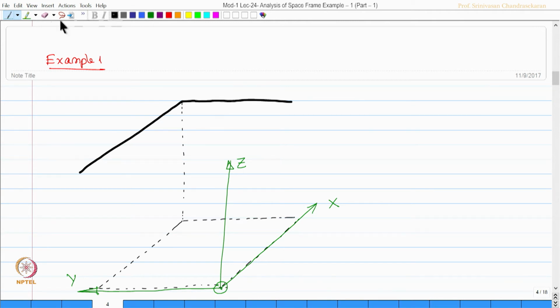I have 3 members. The third member is connecting this point to this point. So, now there are 3 members fixed at both the ends here. You are able to visualize this in a 3 dimensional space.